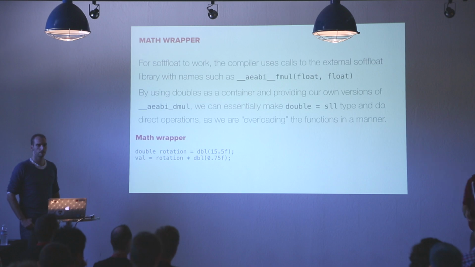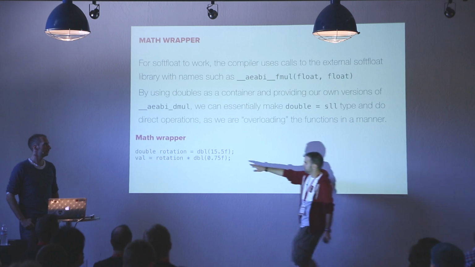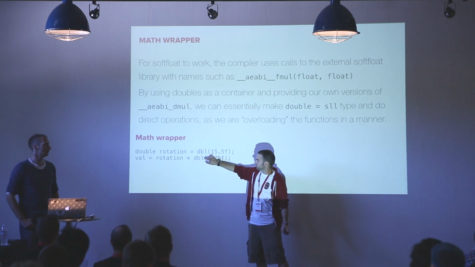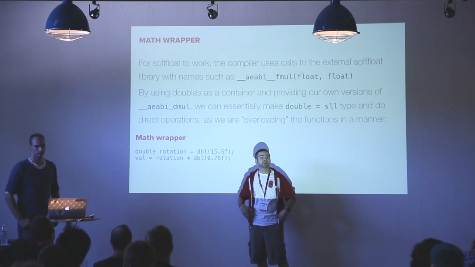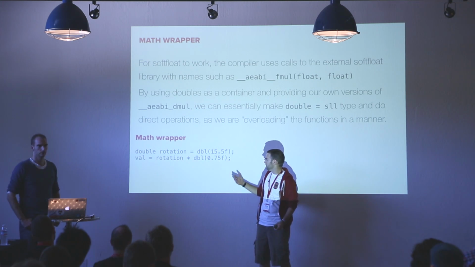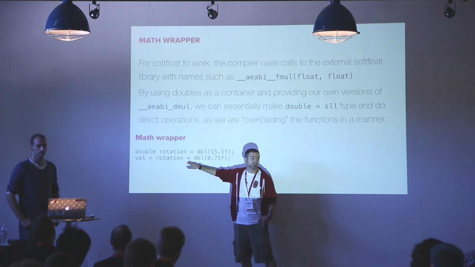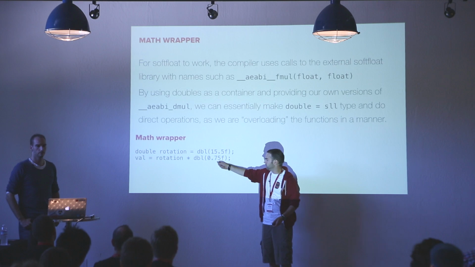But if I use that as the container type, and inside of there put my signed longs, I can have the compiler call AEABI dmul for me, and in essence, overload the operators. You can see on the bottom here, I had to do a little bit of work for the constructor where I'm taking this value and basically jamming it into the double container. So the compiler realizes the double, it's still called the type of double, but then I can do direct multiplications that'll trigger AEABI double multiply. And once again, we have to wrap the constants.